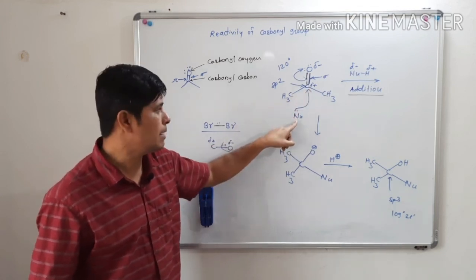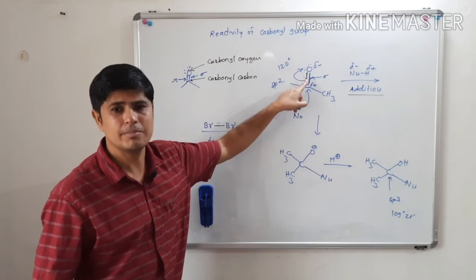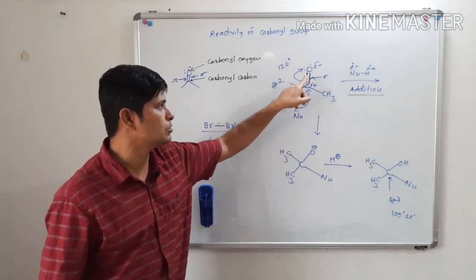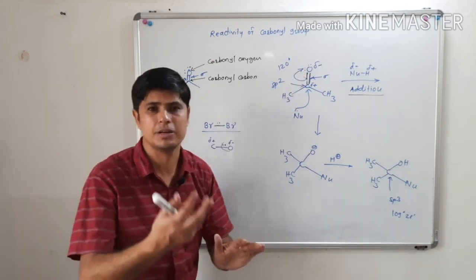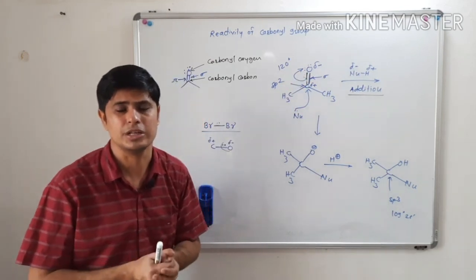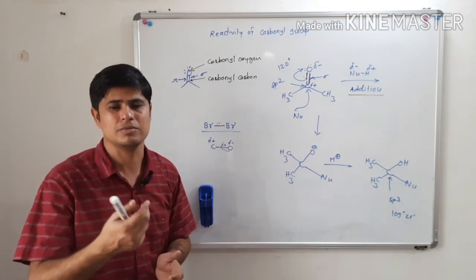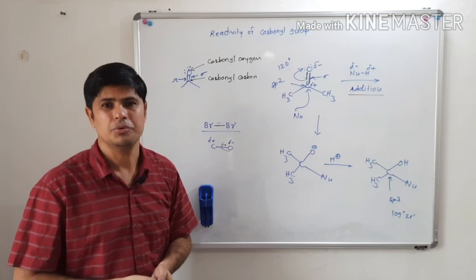So it will approach this carbon, and at the same time there will be breakage of the carbon oxygen pi bond. So that pi bonding electron density will get shifted over the electronegative oxygen atom, and you will have that O minus, and that O minus will get converted into OH.